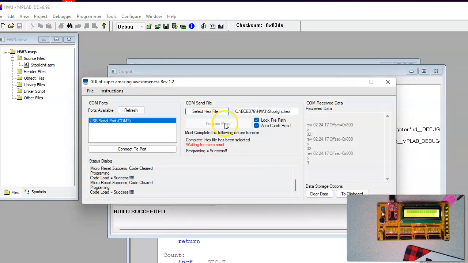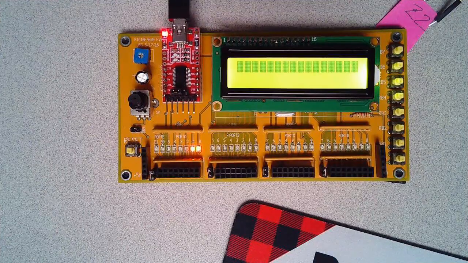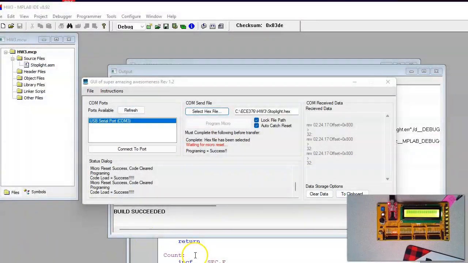Download. And now here's port A counting. There's 5, 6, 7, 8, 9, 10, 11, 12, 13, 14. 14 go back to 0. Okay, so now it's counting once per second, counting mod 14.